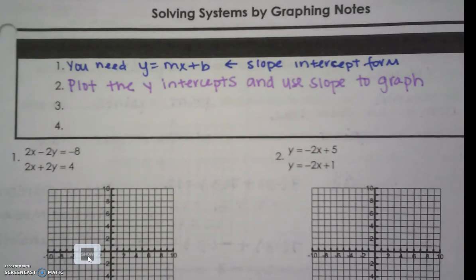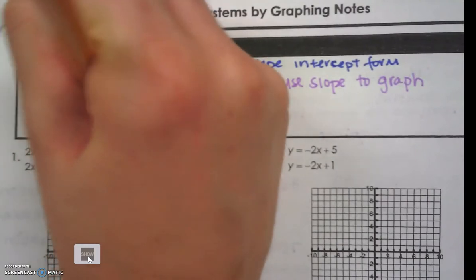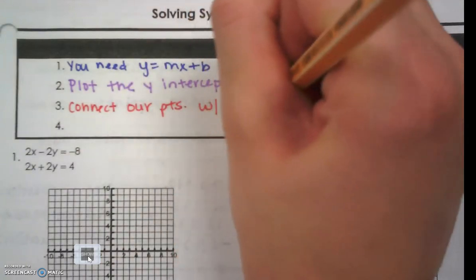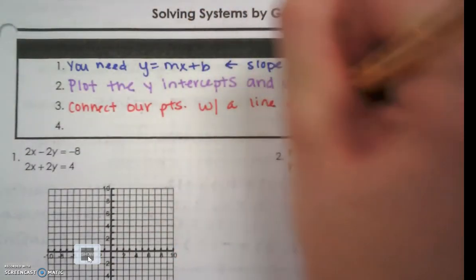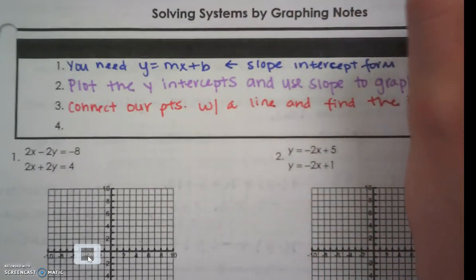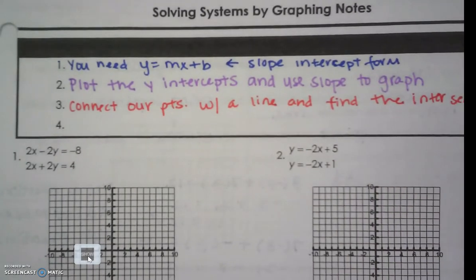We will make sure that we connect our points with a line and find the intersection. Now once I found that intersection, that is an ordered pair.